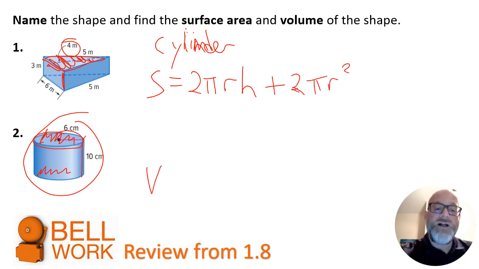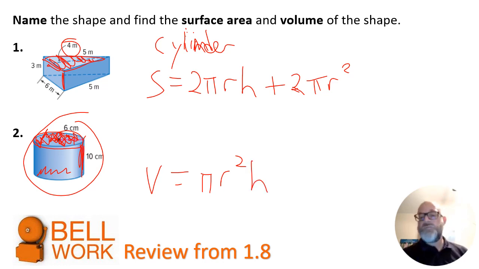Good, and if I want to get the volume of this guy, what am I going to do? I'm going to take the area of one of the bases, which is pi r squared, and multiply it times the height, and that'll sweep out all the volume. You just memorize these formulas, where r is the radius of the circle, h is the height of the cylinder. That's it.